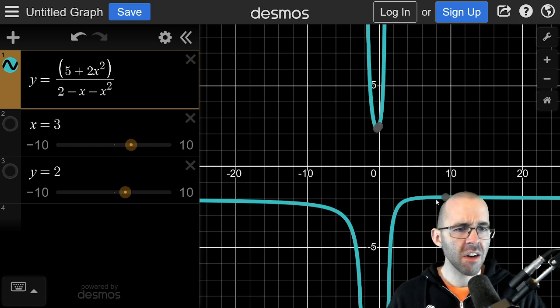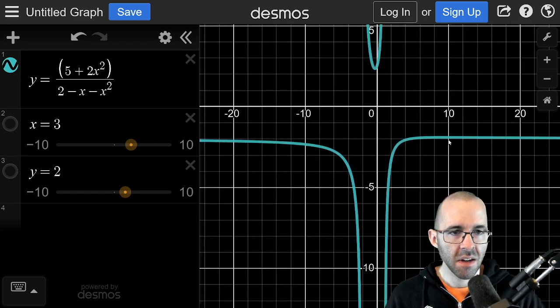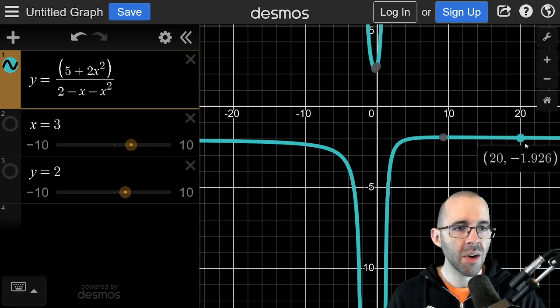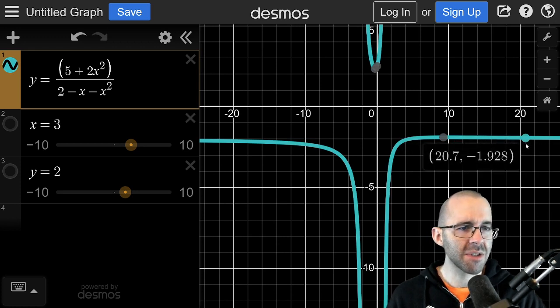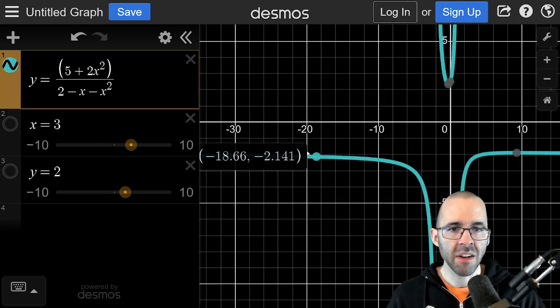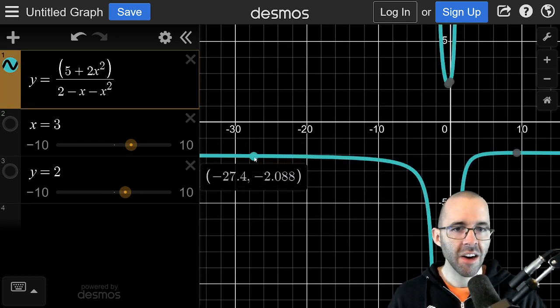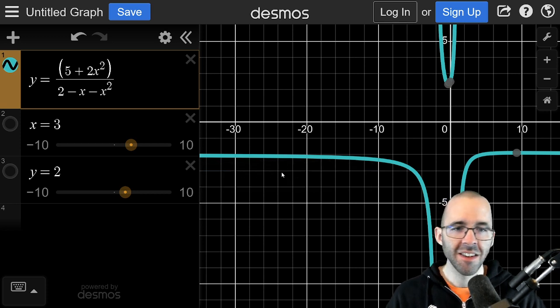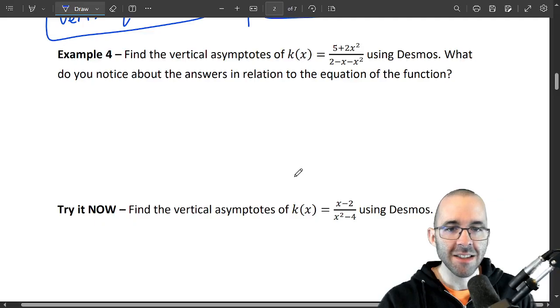So let's start with the horizontal asymptote. I think that's a little easier to see here. Horizontal asymptote, as our input gets really big, what's happening to our output? Looks like our output's getting close to -2. And vice versa, right? As we go really far to the left, looks like our output's getting really close to -2. That's going to be our horizontal asymptote.